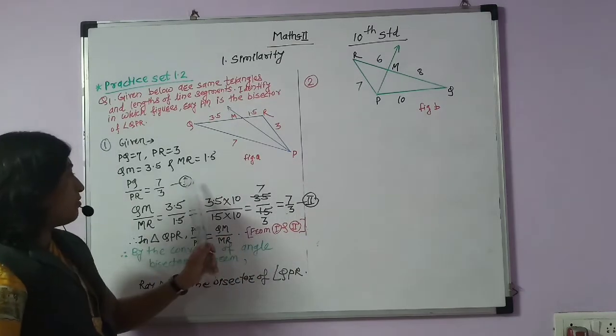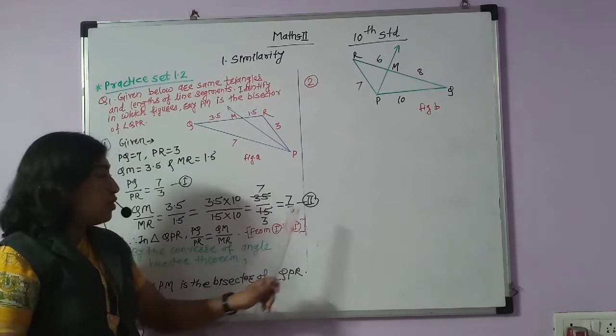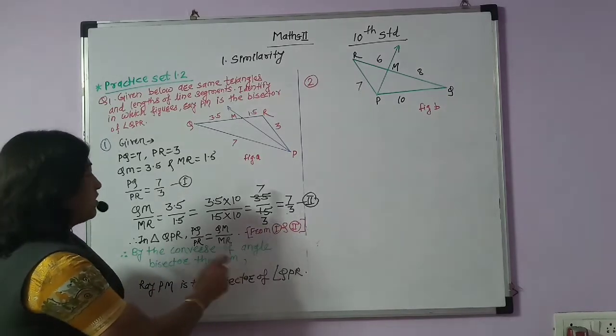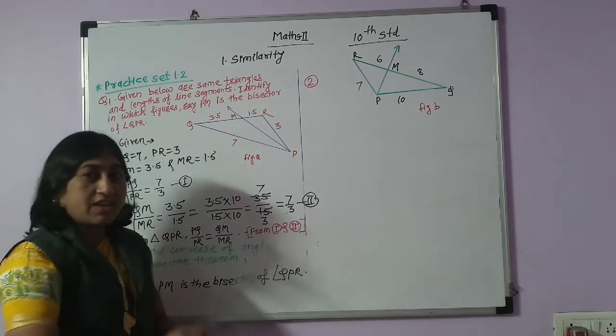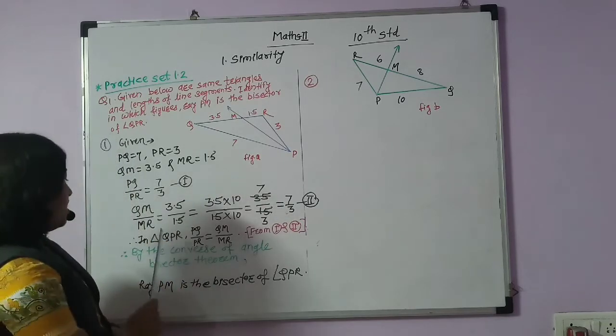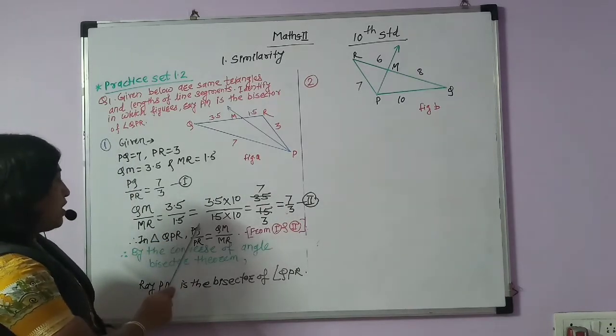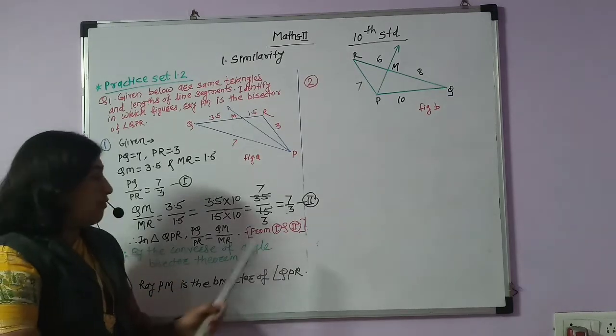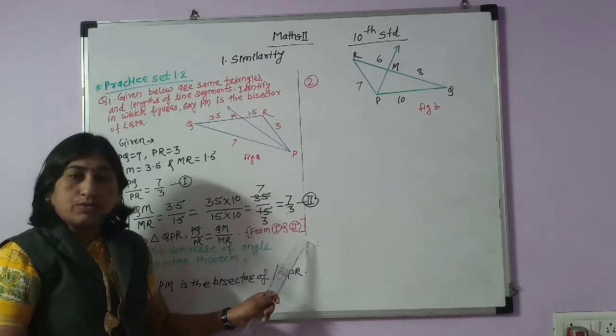If we observe equation number 1 and equation number 2, these 7 upon 3 and this 7 upon 3 are equal. That means RHS are equal, then LHS must be equal. Therefore in triangle QPR, PQ upon PR equal to QM upon MR from equation number 1 and 2.